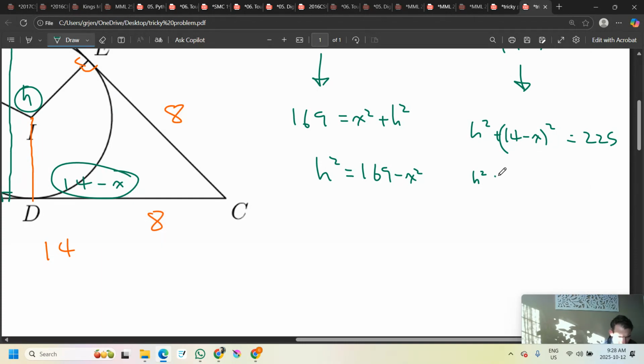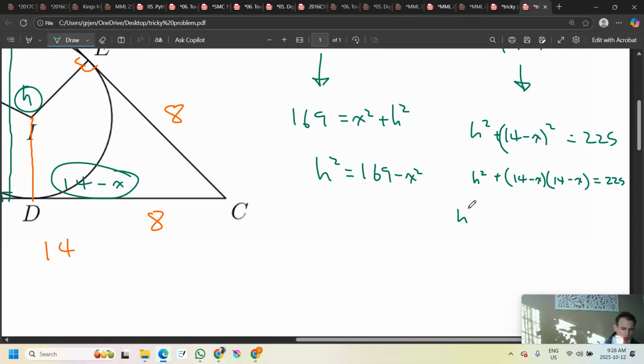Plus this one expands to 14 minus X times 14 minus X. That's (14 minus X) squared is equal to 225. And so then we're going to work that this way.